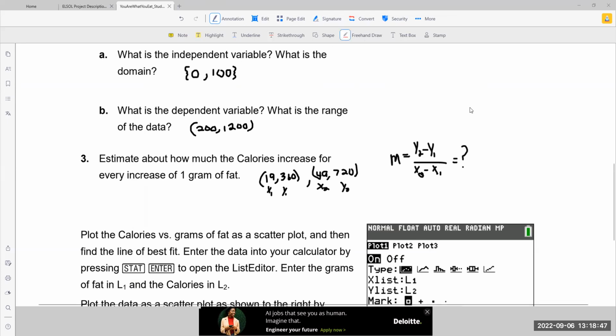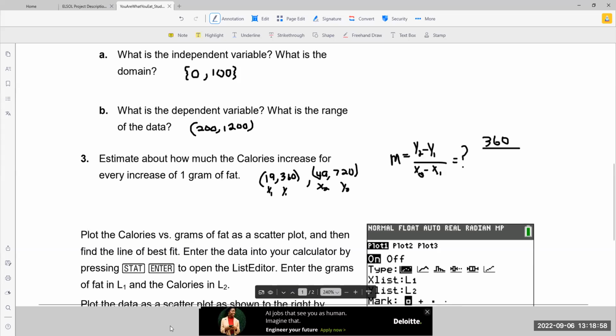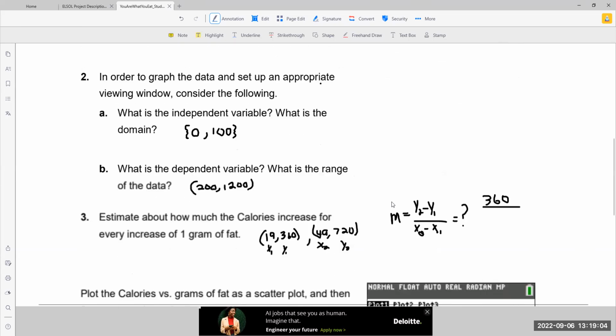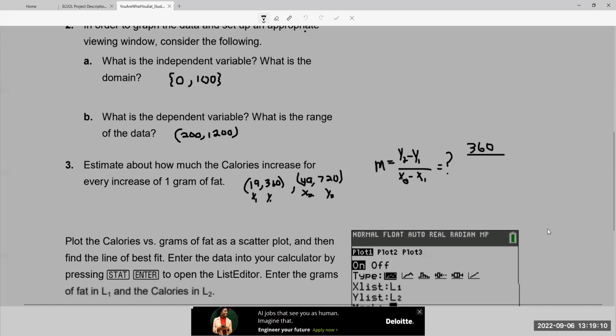So that's going to be the numerator. Unfortunately, this thing kind of grays out whenever I write, so it may be a little harder to see. And then the bottom is going to be 49 minus 19, which I don't need the calculator for. 49 minus 19 is 30.